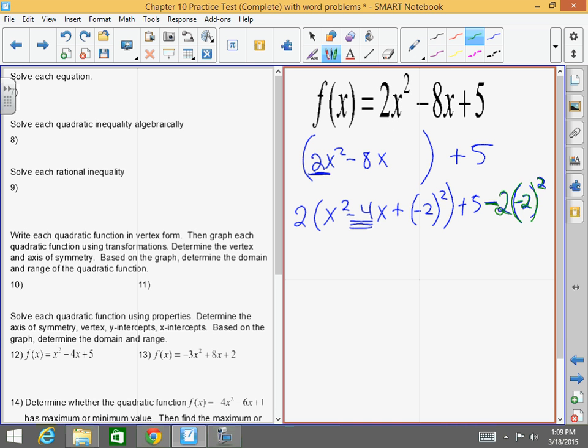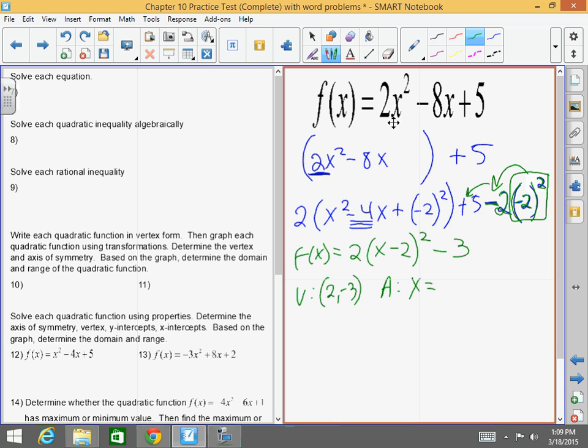So this is going to be f of x equals 2 times x minus 2 squared. Okay, negative 2 squared is 4 times a negative 2 is negative 8 plus a 5 is negative 3. My vertex, 2, negative 3. My axis of symmetry, x equals 2. My y-intercept, 5.